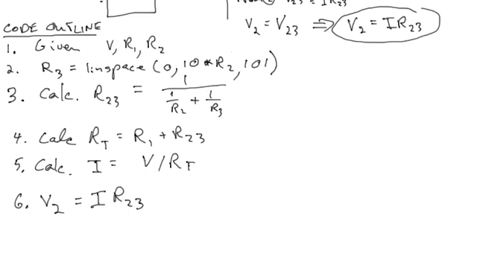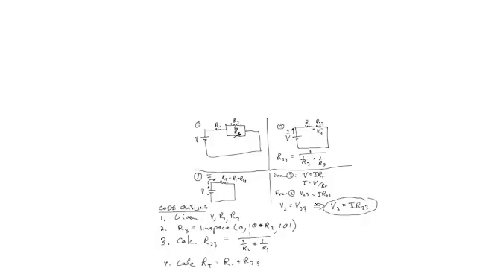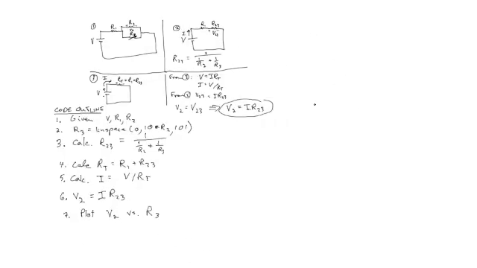And plot V2 versus R3. So a graph of the voltage across R2 as a function of the value of R3 for values of R3 from 0 to 10 times the value of R2. Alright, I think that does it for the pencil and paper part of this problem.